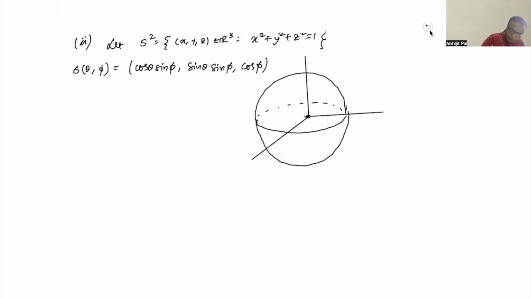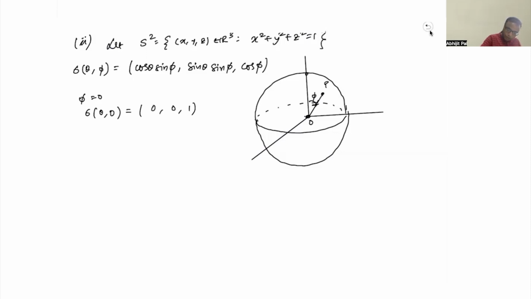So these theta, phi are my spherical coordinates in the sphere. Okay. So how do you get this point? So suppose this is my point P. So how to get this? You take this straight line, and this is my origin, and this angle is my phi. So if phi is equal to 0, what will I get? Sigma of theta, 0 is equal to (0, 0, 1).